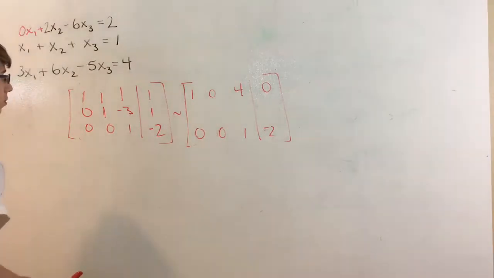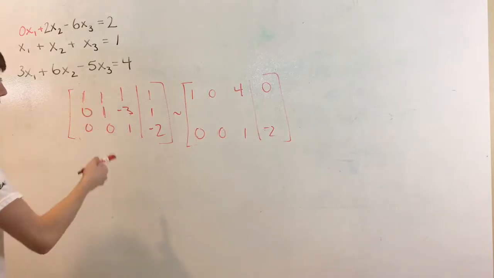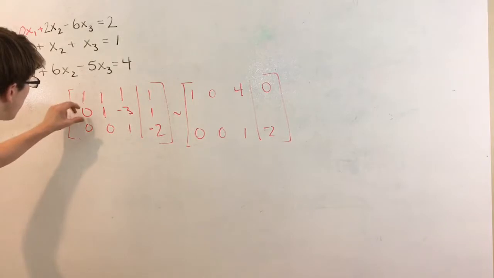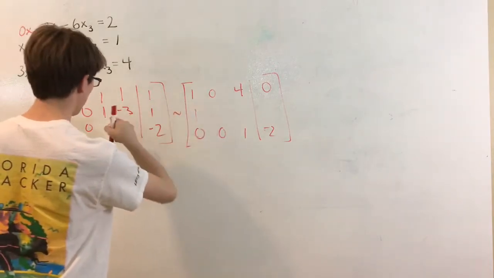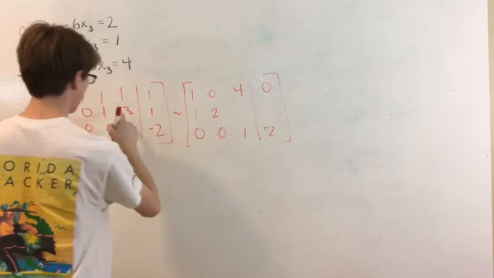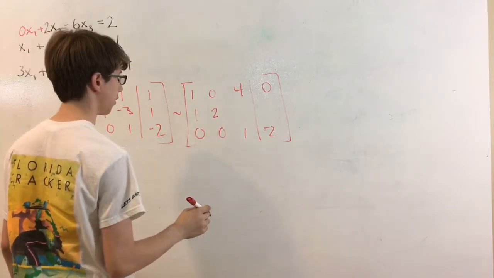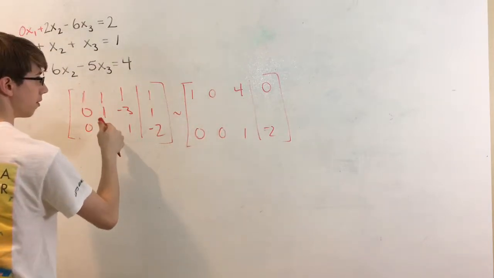Well, to get that -3 to a 0, we can either add 3 times row 1, or 3 times row 3. If we add 3 times row 1, what happens is we end up adding 1 plus 0, 0 plus 1 here, so we would get 1, 1 plus 1 here, and we would get 2, and then -3 plus 1 there, right?